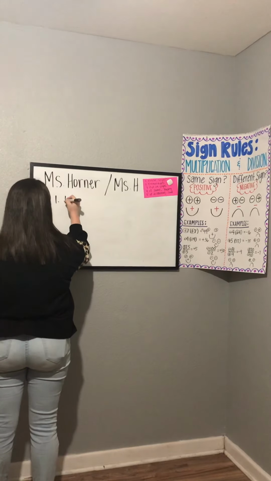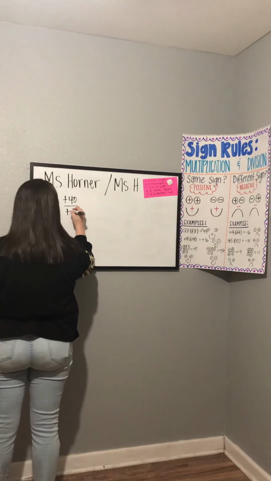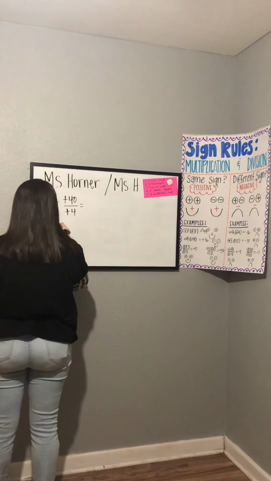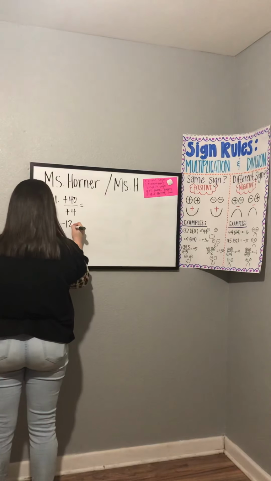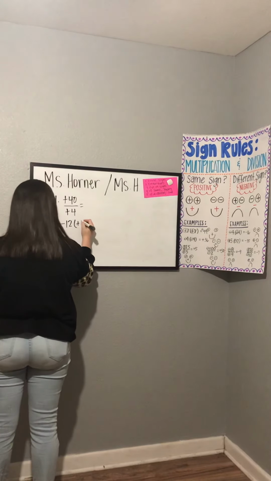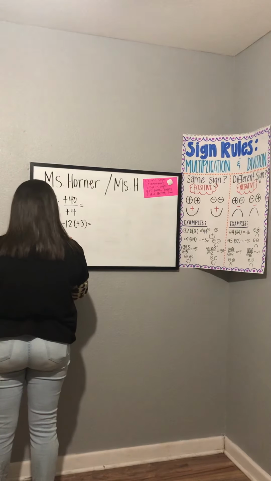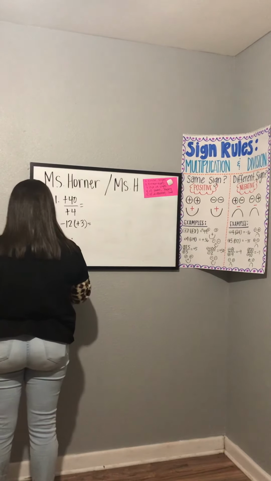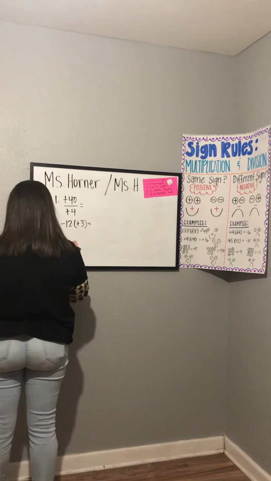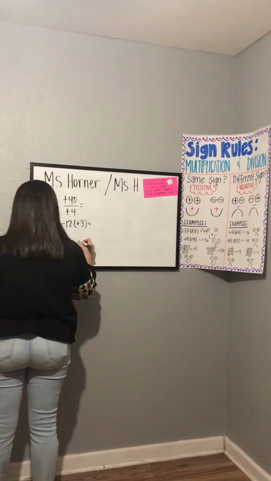Number 1 is a positive 40 divided by a positive 4. Number 2 is negative 12 times positive 3. Number 3 is positive 6 times a negative 4.